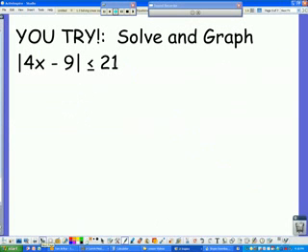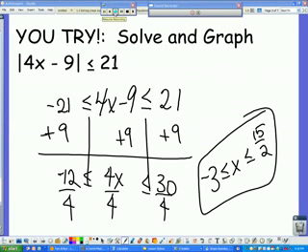All right, this one is a you try, so go ahead and pause the video at this time, solve the inequality, and then when you're finished, go ahead and restart the video to check your answer. Okay, your final answer should have been negative 3 less than or equal to x, which is less than or equal to 15 over 2.